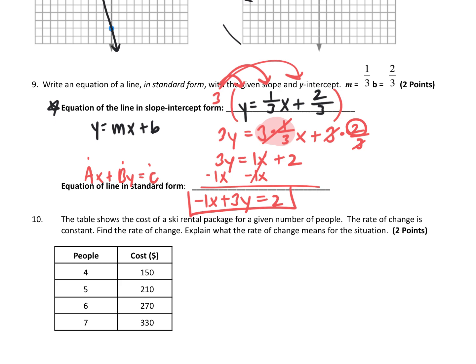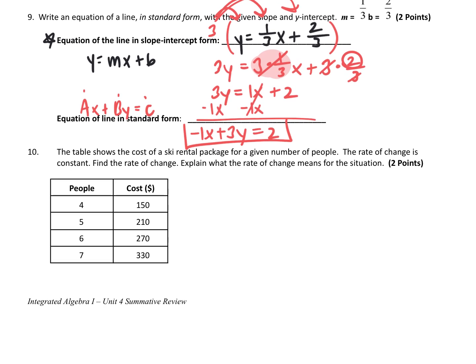Number 10 shows us a table about the cost of ski rental packages for a given number of people. The rate of change is constant. Find the rate of change and explain what that rate of change means. So if we look here, my people are increasing by 1 every time, and my cost is increasing by 60 every time. So for every $60 added, there's another person that is going on the ski rental.